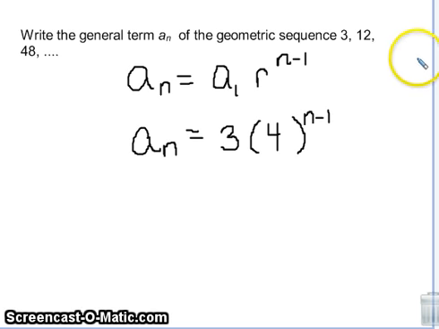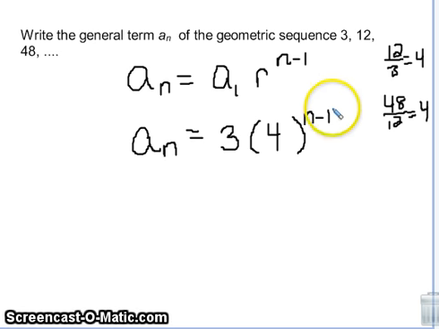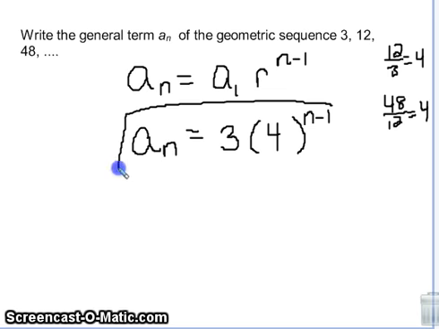If you're not sure, you can always say 12 divided by 3 equals 4 and 48 divided by 12 equals 4. And that's it. That's our general term. That's our relationship.